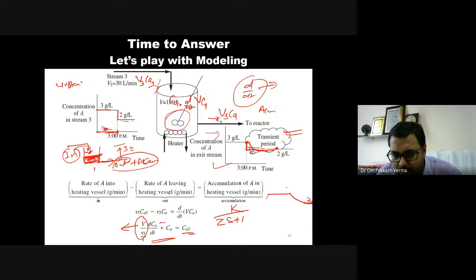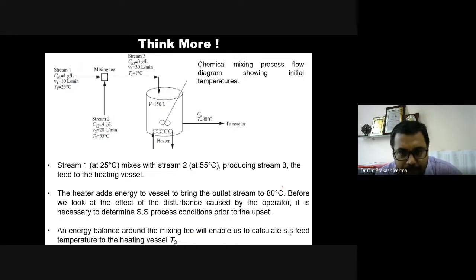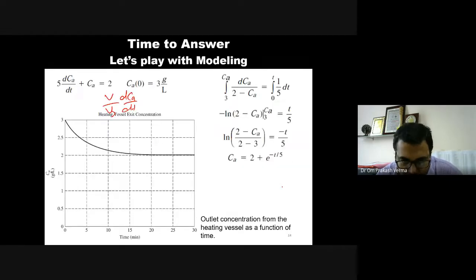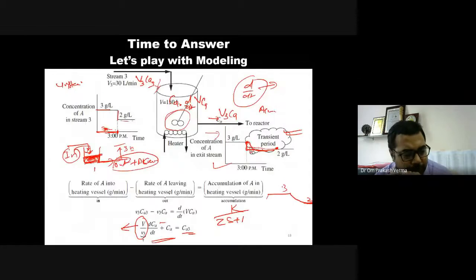So this is the ultimate behavior. ठीक है, any problem, any question? If you have any question, you may ask, otherwise I will proceed. Is it okay? Yes or no? Yes, sir.